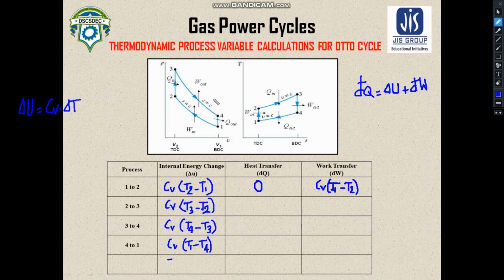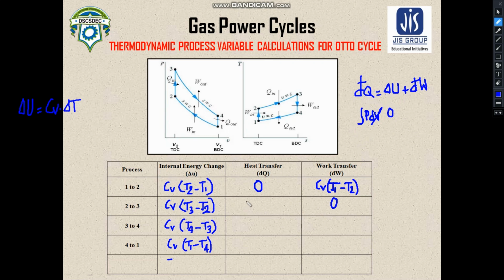Since it is a constant volume process, and the displacement work is given by the formula PdV, and there is no change in volume, this dV would become 0. That means for process 2 to 3, the work done will be simply 0. And if this becomes 0, then heat transfer would be equal to the change in internal energy. This is as easy as it is.